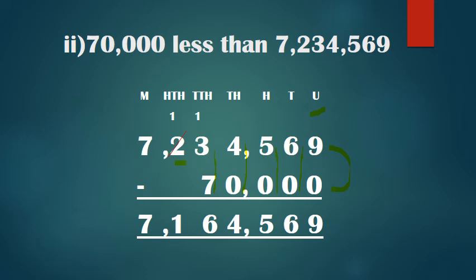Now it becomes 13. So now we can easily subtract 7 from 13. We get 6. Now write 1 as it is in the hundred thousands place and 7 in the millions place. So the answer is 7,164,569.